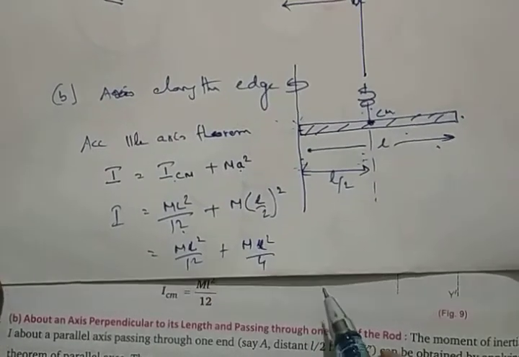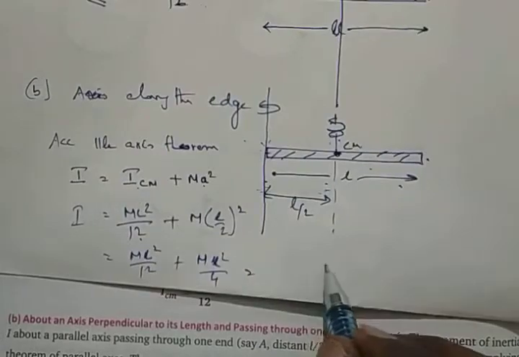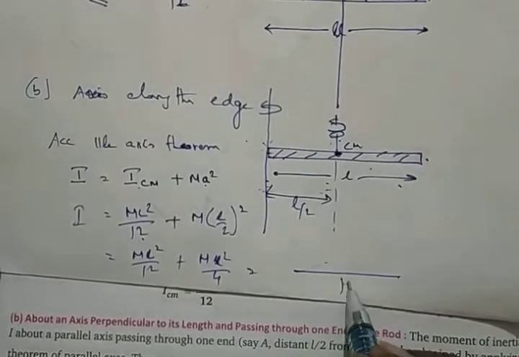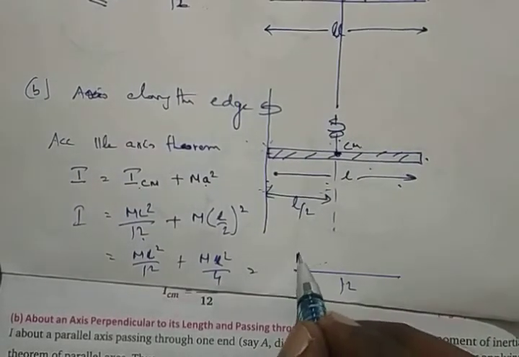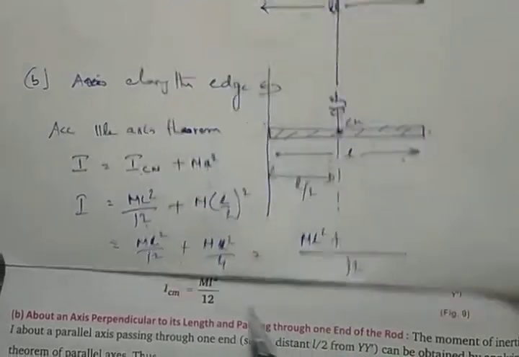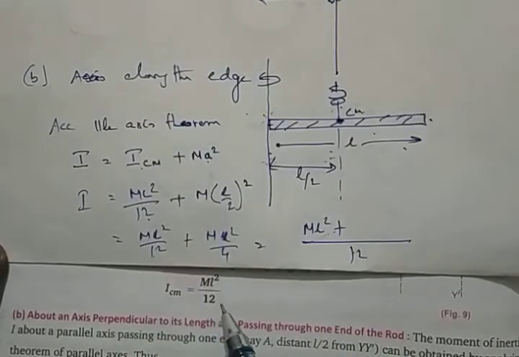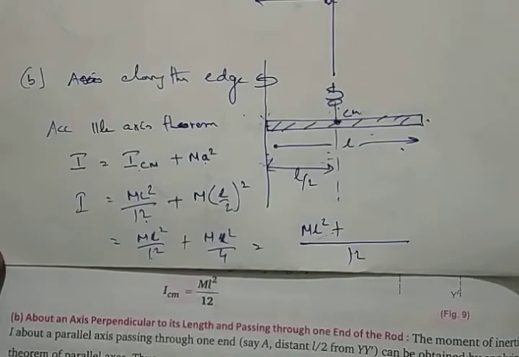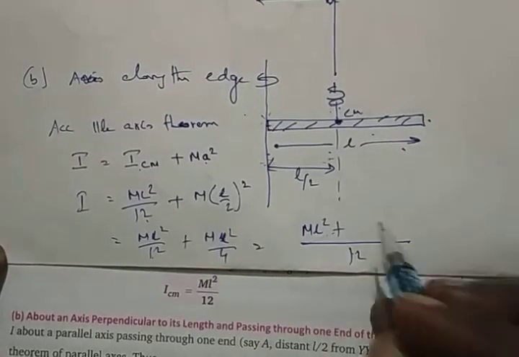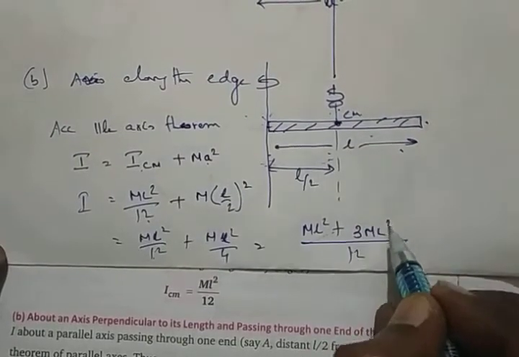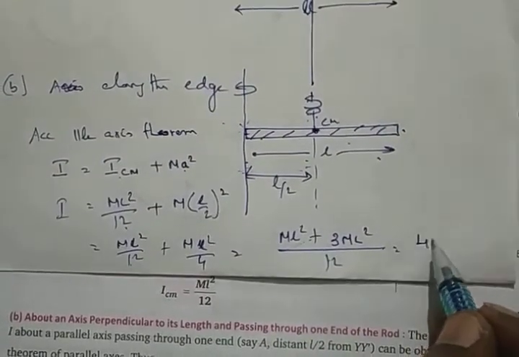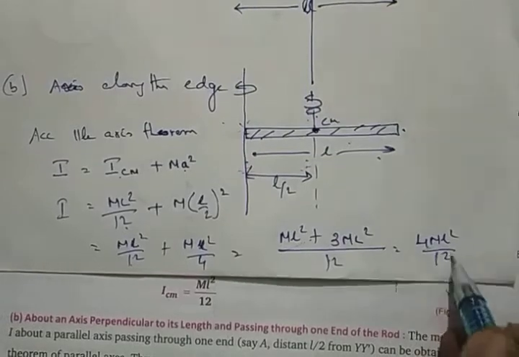So what is the average? Sorry, the LCM. LCM is 12. So ml square plus, so you will get here 3 ml square, which is going to be equal to 4 ml square by 12.